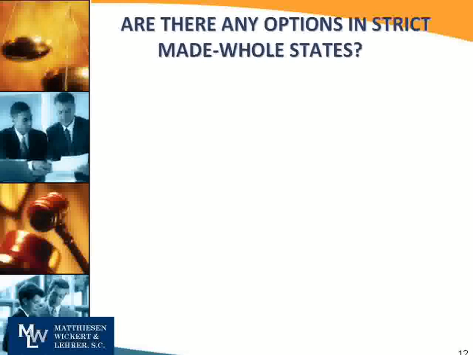I'm still looking for that perfect case to take up and challenge the made whole rule in Montana. I haven't seen it yet, and I don't want to give anybody bad advice or false hope.